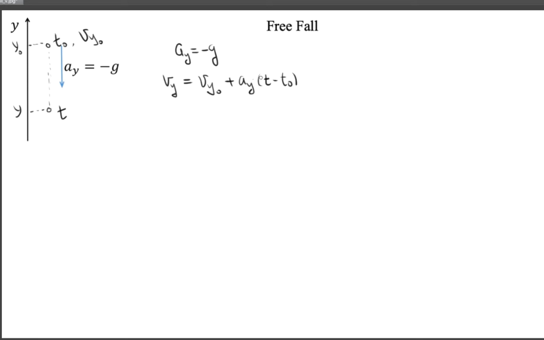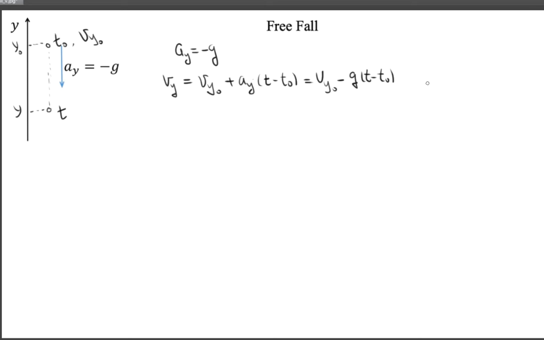Since ay equals negative g, we get Vy0 minus g times (t minus t0). That gives us the expression to calculate the velocity at any instant t.